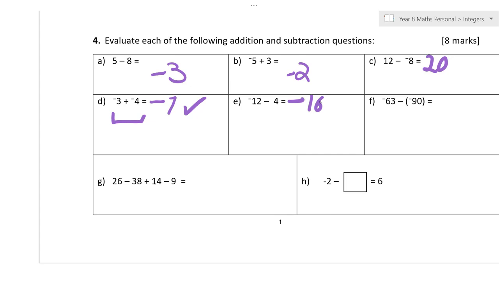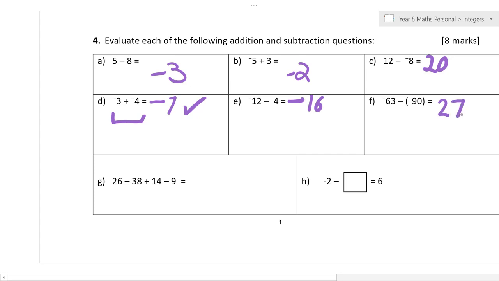Okay, speak up. So with F, you have minus negative 63 minus negative 90. And the way I work this out is because it's two negatives, because it's minus a negative, you add it. So I worked it out as 90 minus 63, which equals 27.